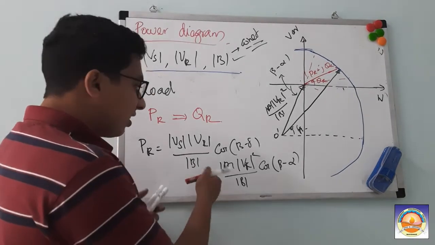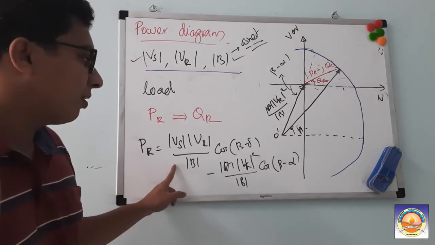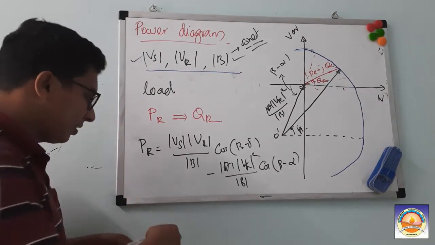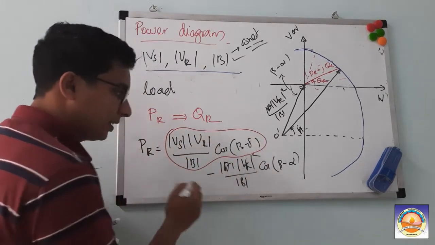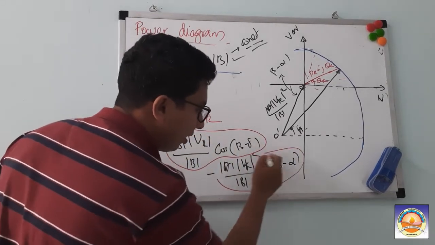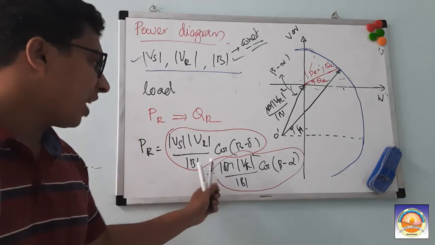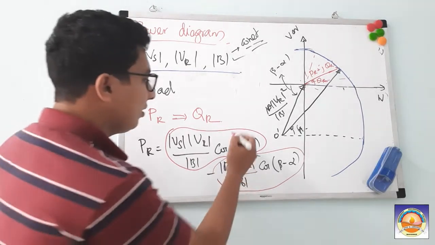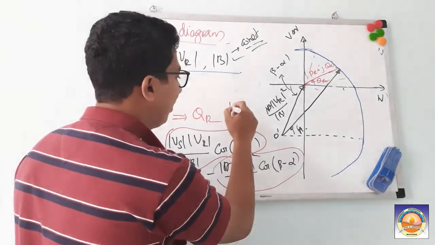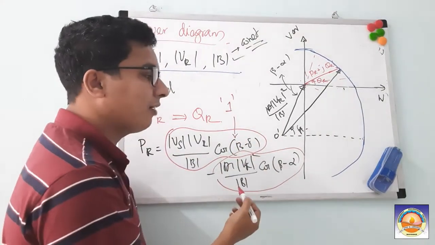So if we are thinking about maximizing the power, we are thinking about maximizing this part of the equation, Vs Vr by B into cos of beta minus delta, because the other part is anyhow going to remain the same. Where will it become maximum? Whenever cos of this angle becomes 1, which means your beta minus delta will be 0.